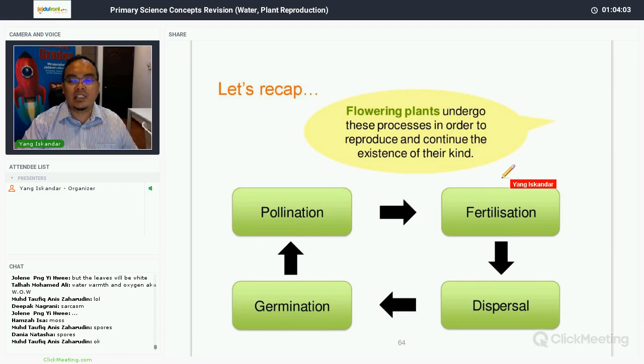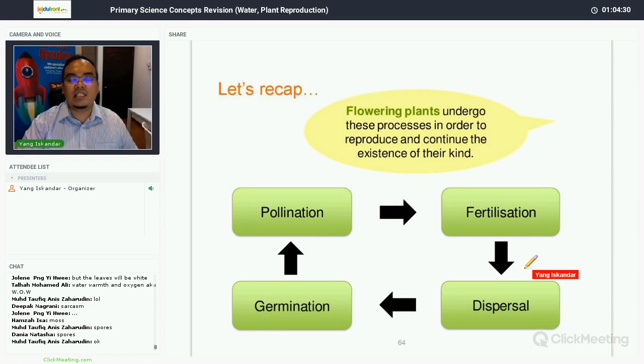And then fertilization, where the male reproductive cell in the pollen grains fuses with the female reproductive cell in the ovule. After fertilization, it will grow into fruit, and after the fruit is grown, you need to disperse the seeds.